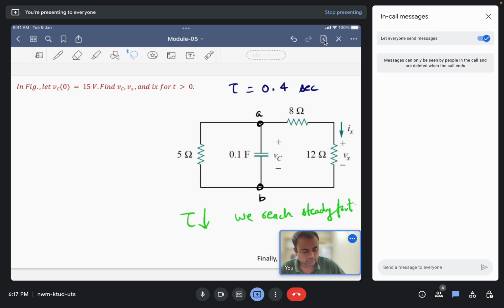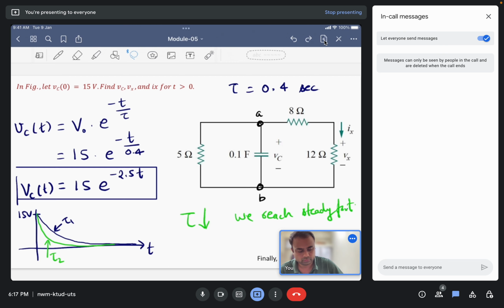Since the voltage drop across both the 8 ohm resistor and the 12 ohm resistor is Vc, and we had just calculated Vc, the value of Vc was 15 e to the power minus 2.5 t. So I'll keep that value for Vc.